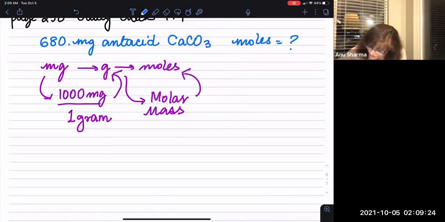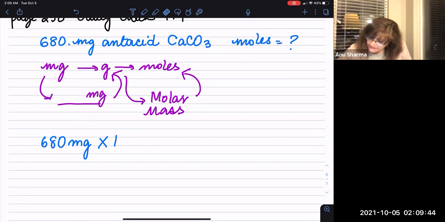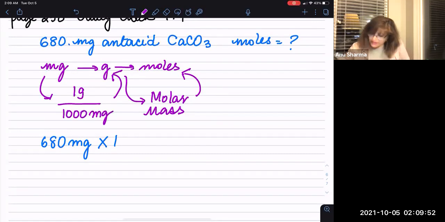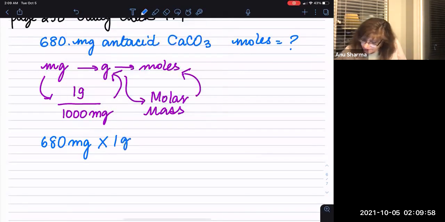One conversion is 680 milligrams times 1 gram over 1,000 milligrams. Sorry, I made a mistake here; this would be 1 gram over 1,000 milligrams.